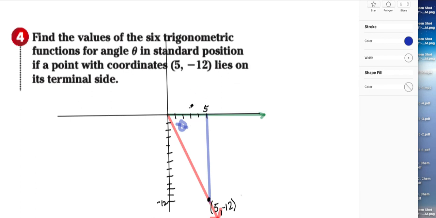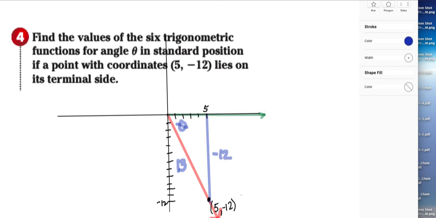If we think about this being 5 squared and this being 12 squared, we would find the hypotenuse using a squared plus b squared equals c squared. We take the square root of the positive value 25 plus 144, and we end up with a positive 13 here. So this length is 13, this length is -12.